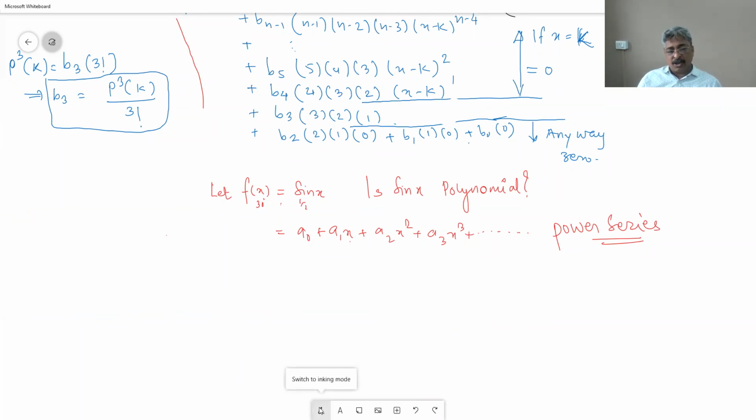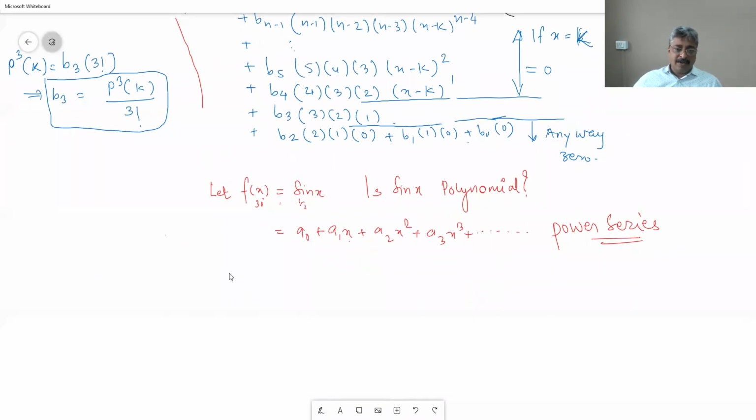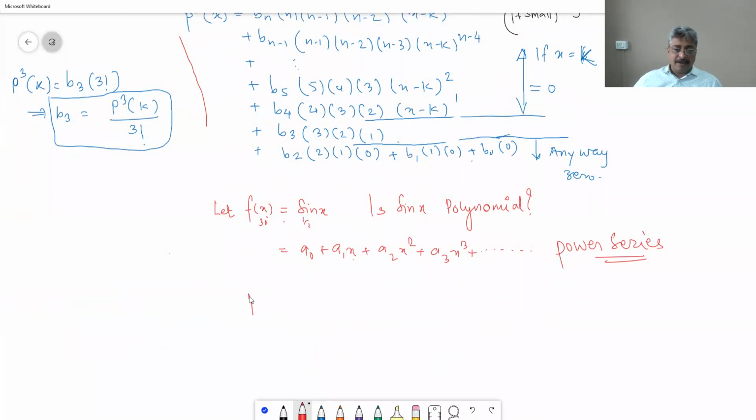Right? So now I give you a small exercise. Find the 50th derivative of f of x equal to sin x. Maybe f of 100 of x.